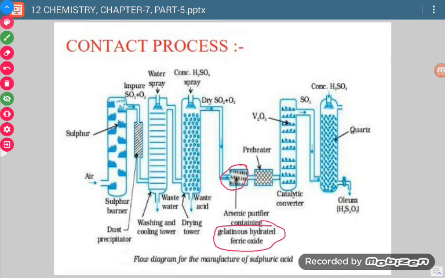Okay, this particular substance absorbs all the arsenic impurities which are present in impure sulphur dioxide. So when it absorbs arsenic impurities also, then it becomes free from all impurities.